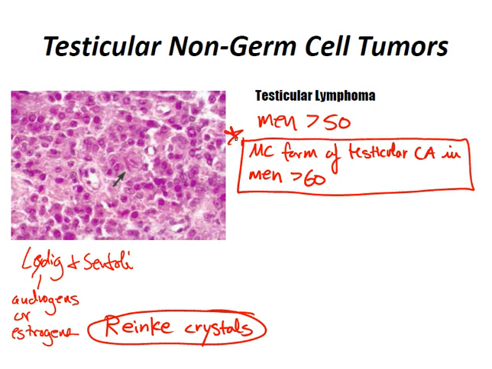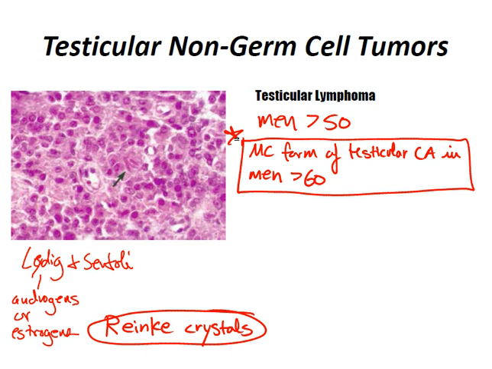Most common cause of testicular cancer in men greater than 60. It can be a primary lymphoma arising from within the testicle, or it can be metastatic disease from other parts of the body. Lymphoma is the most common secondary testicular cancer, which is usually bilateral, or you can get a diffuse large cell non-Hodgkin's lymphoma type. So that is your non-germ cell tumors.